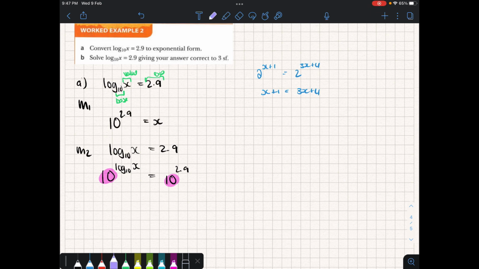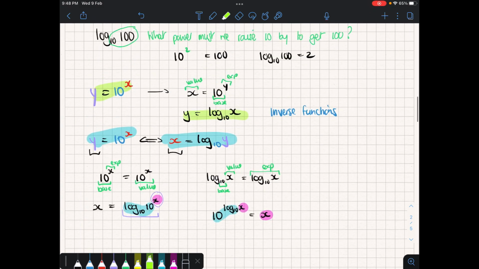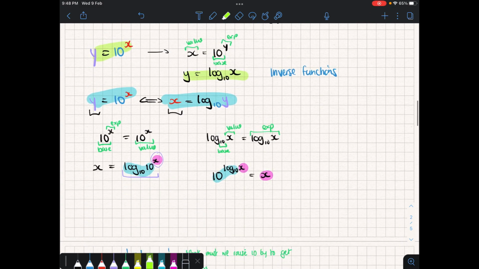And the reason we want that is because we want to make use of this rule over here. Okay, if we have an exponent and it's raised to a log with the same base, we can simplify that into the value, right? That's the rule that we looked at over here.